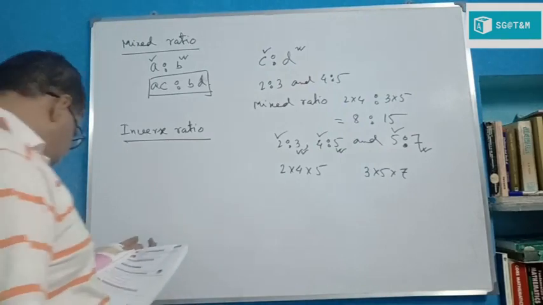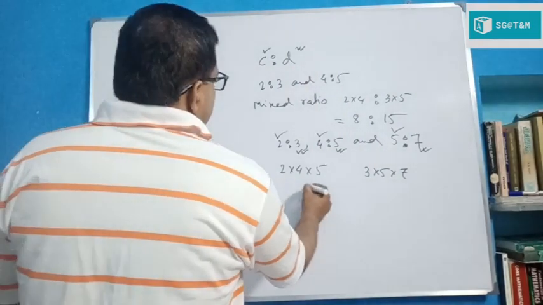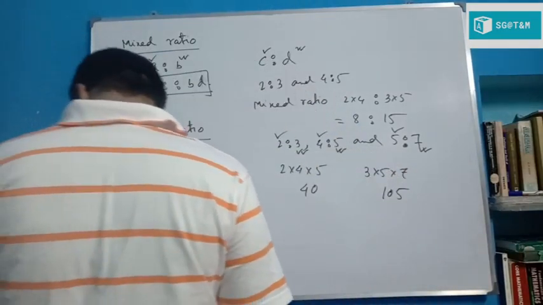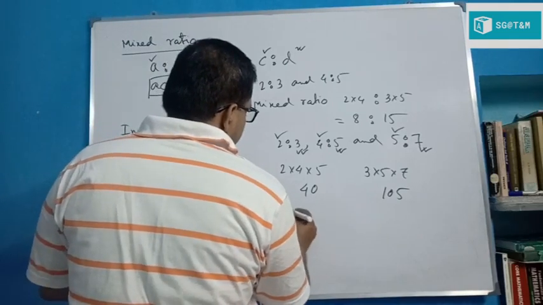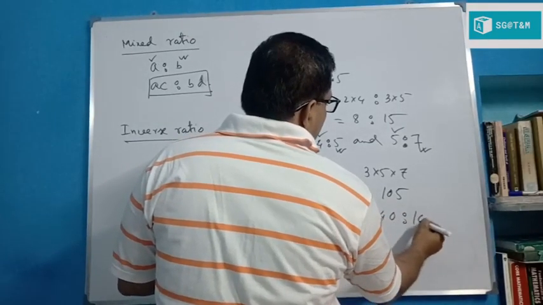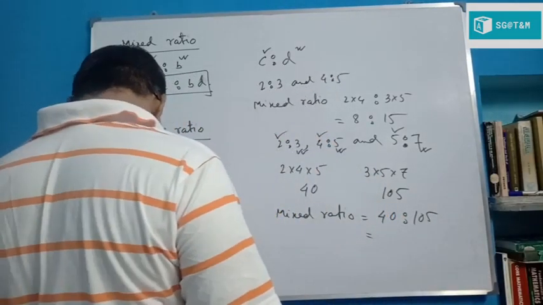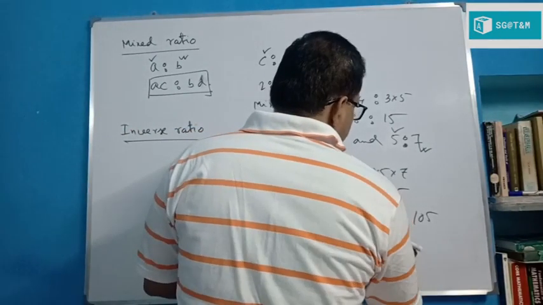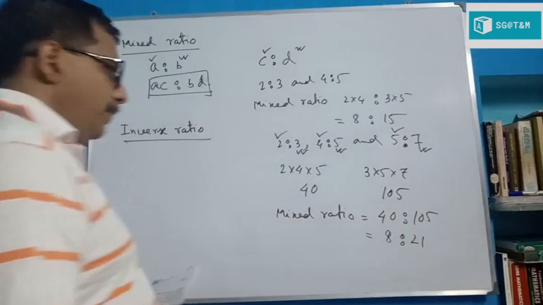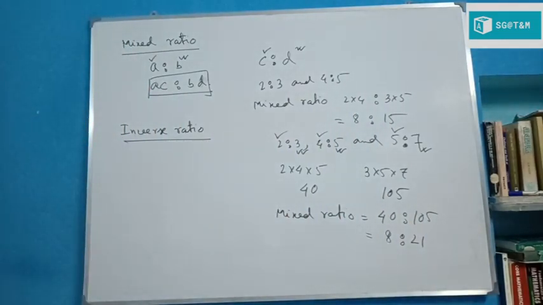It will be 40 over 15 into 7, 105. So the mixed ratio is 40:105, or in simplified form, dividing by 5, it is 8:21. These are the mixed ratios.